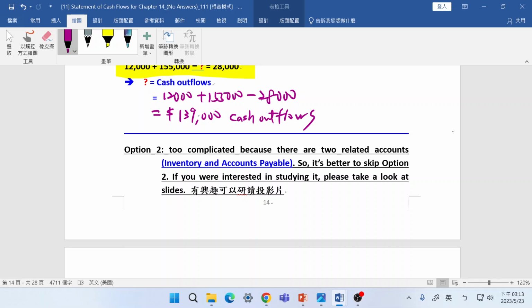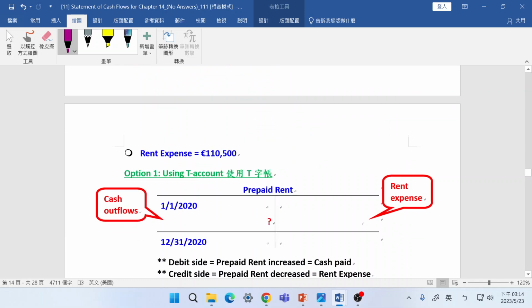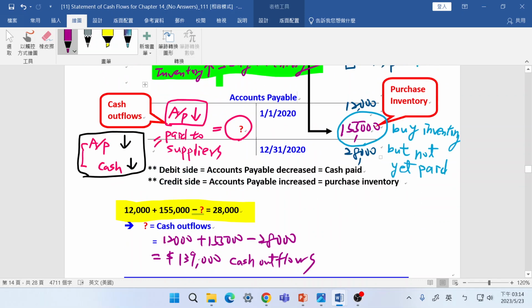If you're really interested, you can look at the slide, which has the details, but I don't want to explain it using this case. Later, in the next item, rent expense, I'll tell you the logic of the second option.